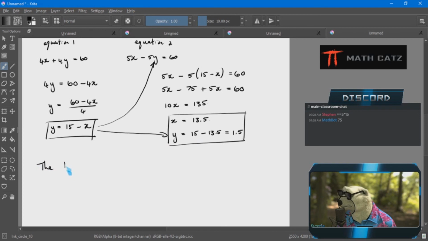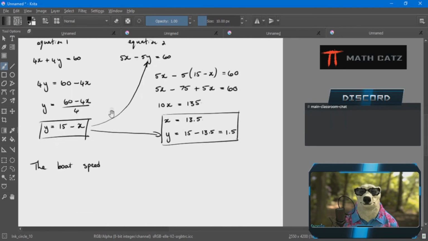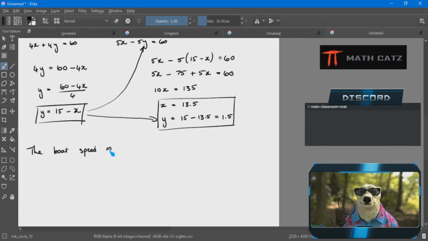The boat speed, because that is what our variables represented, is 13.5 miles per hour. The current or river speed is 1.5 miles per hour.